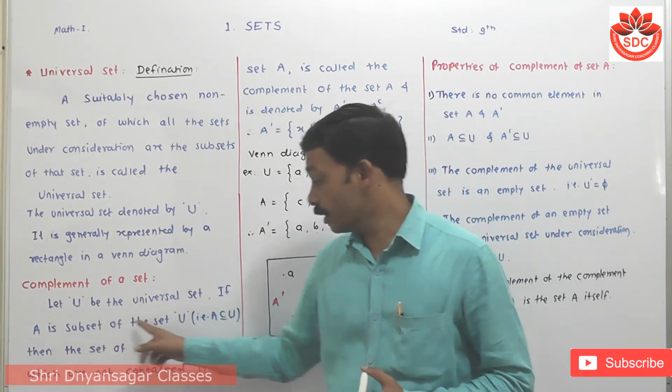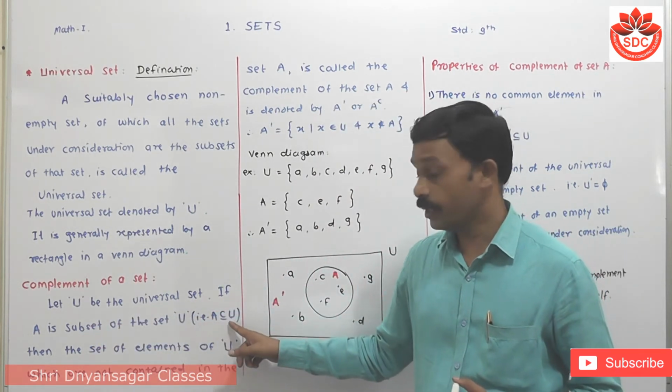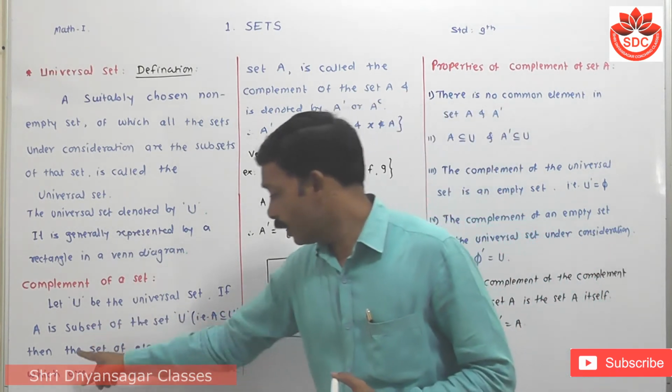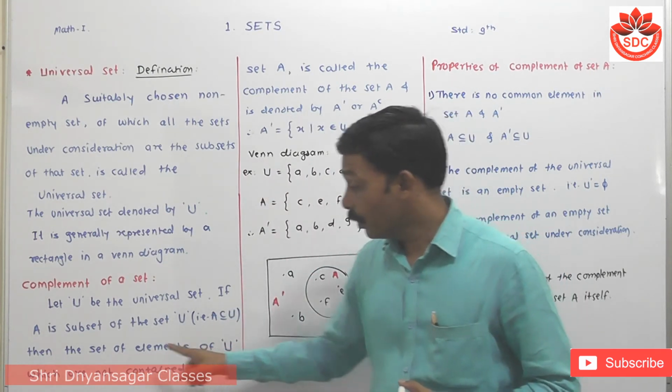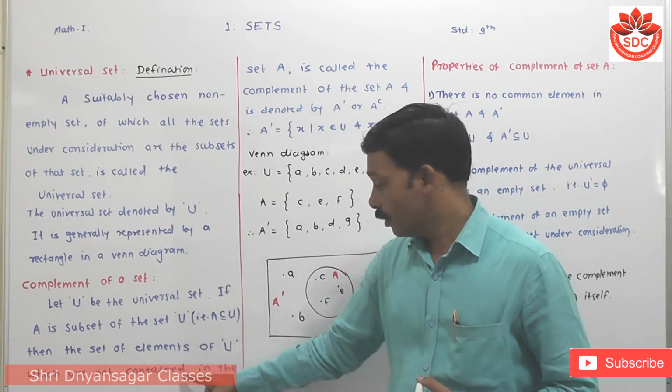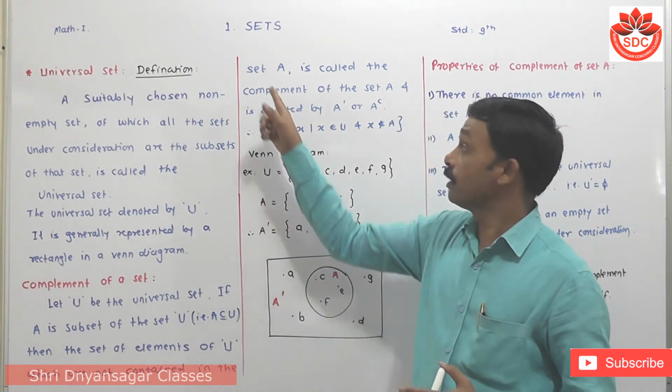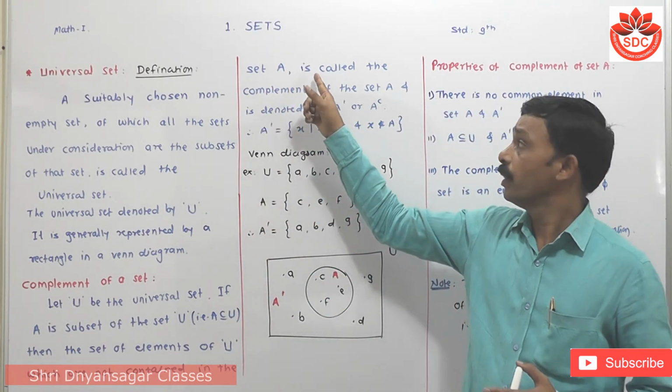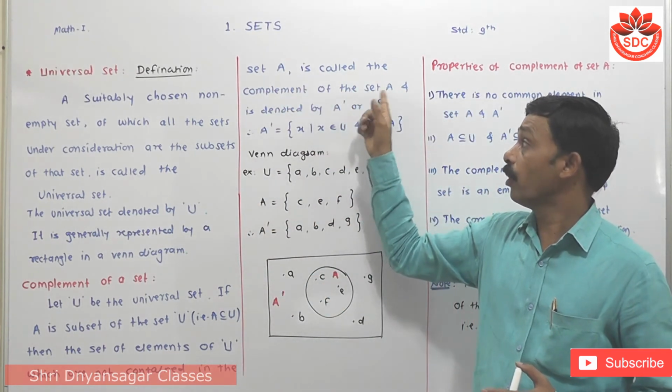If A is a subset of U, then the set of elements of U which are not contained in the set A is called the complement of the set A.